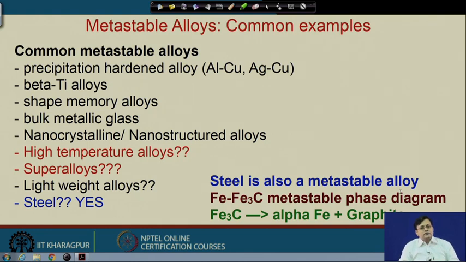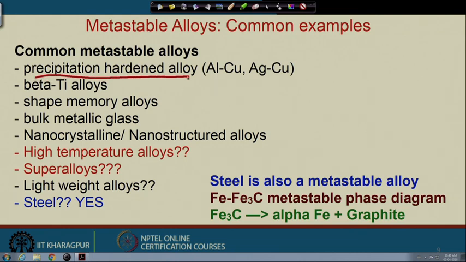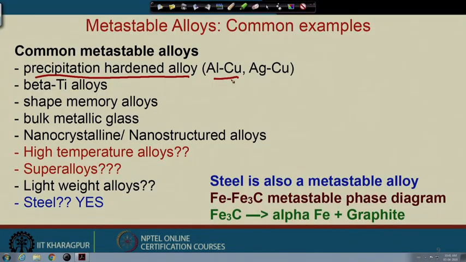However, I should first talk about some very common examples of metastable alloys. As I said, precipitation hardened alloys are also metastable alloys, because the precipitate always tends to grow and reduce the strength, or under certain thermodynamic conditions the precipitate dissolves. So we need to retain those precipitates in aluminum copper alloys or silver copper alloys, so that we can retain their mechanical properties.